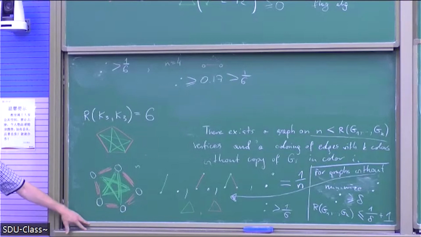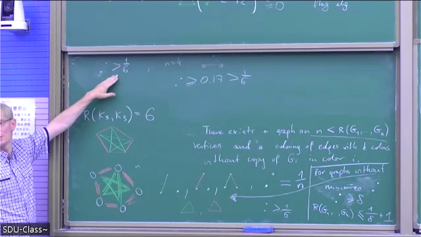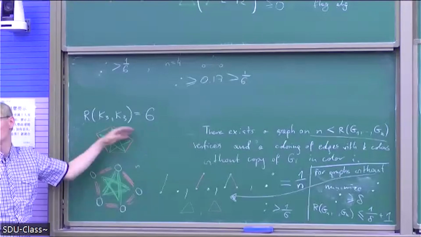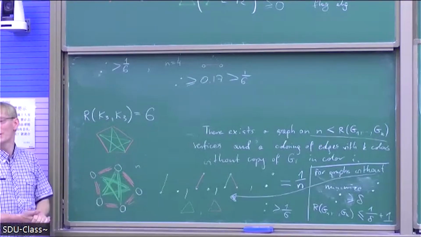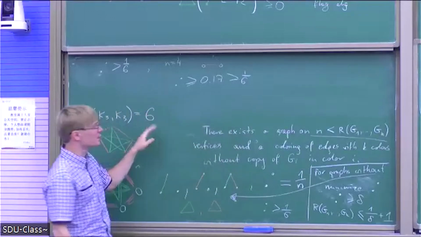While on the other hand, using flag algebras, we can show lower bounds for the non-edge density, which excludes having such a graph. Okay, and this way we are showing upper bounds on the Ramsey numbers.